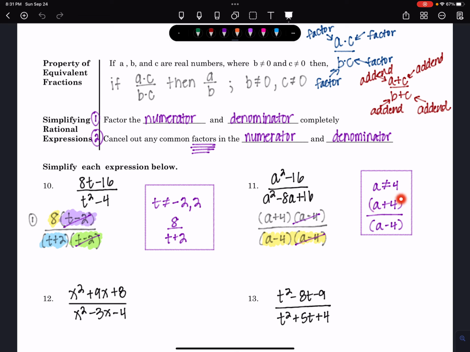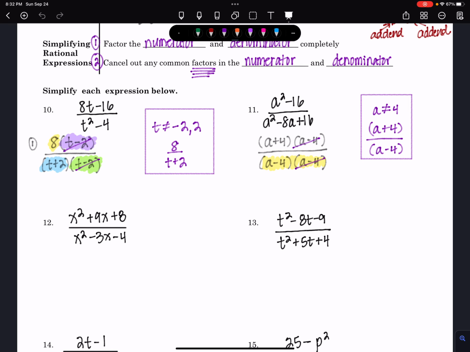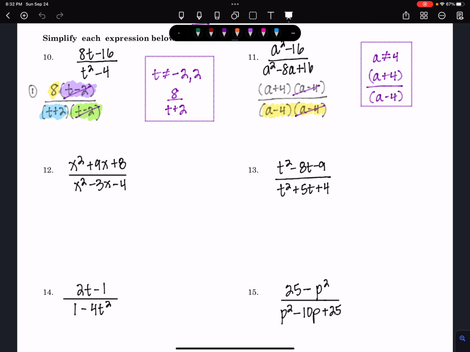I can't cancel out the 4 because those are addends. So a plus 4 all goes together, a minus 4 all goes together, and those are not common factors, so they both remain. And this all comes down to factoring.